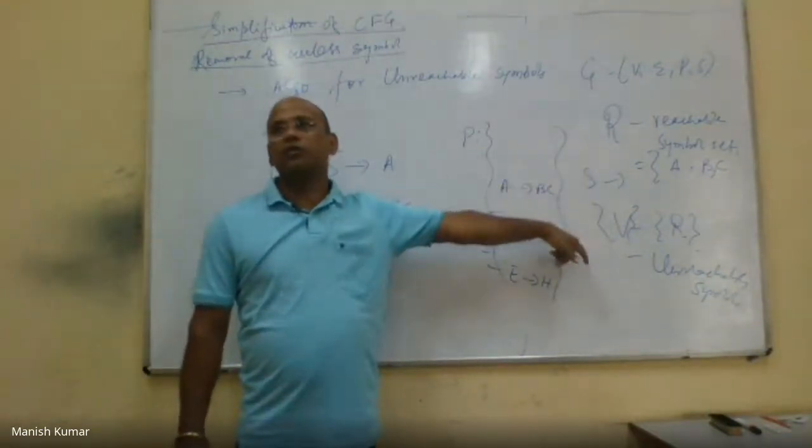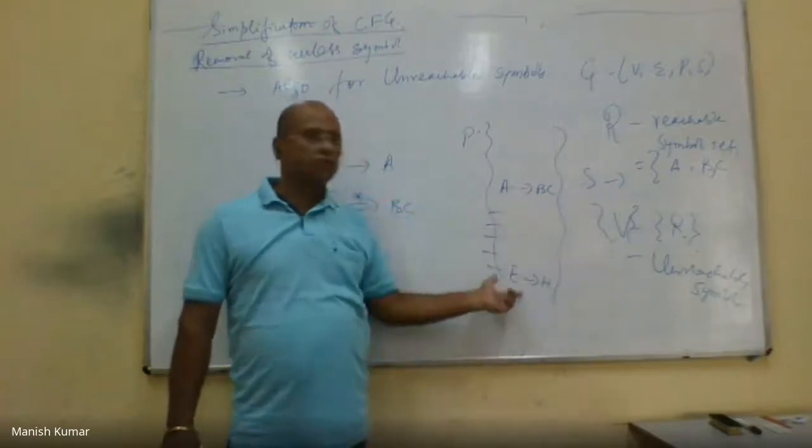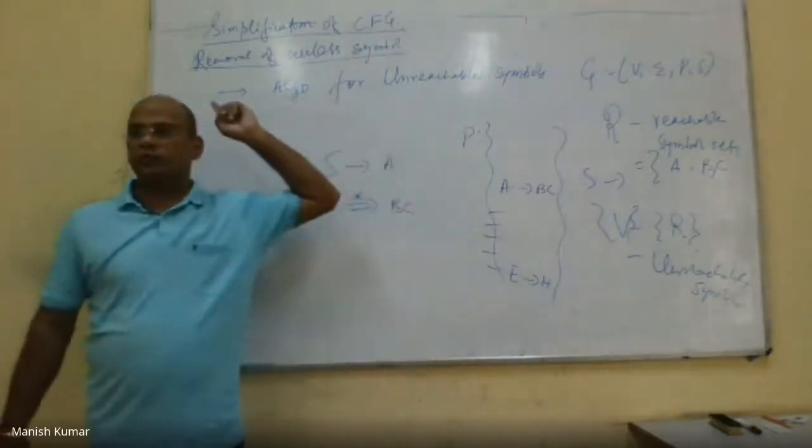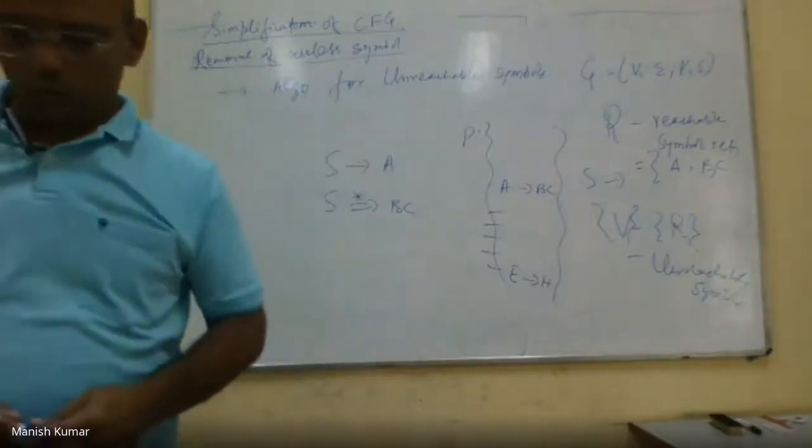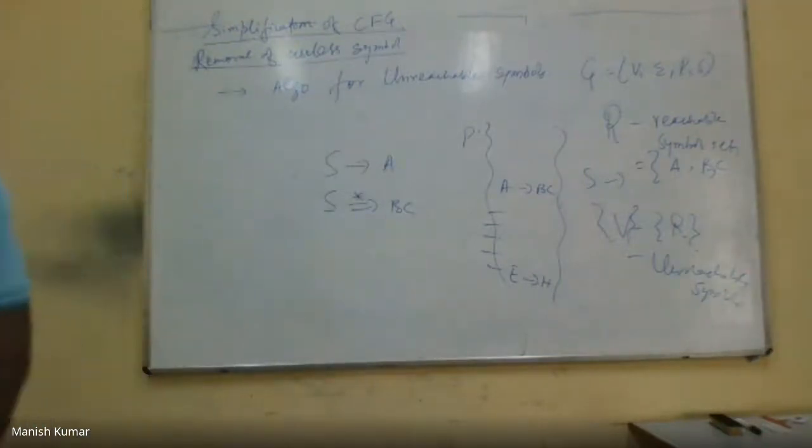Then whenever you take the difference, because this E is already in V, since it is in the grammar itself, that part will go. So let us go for the algorithm.